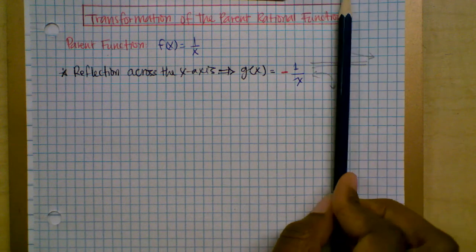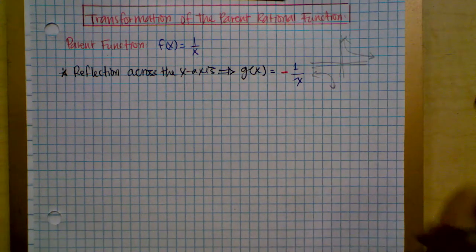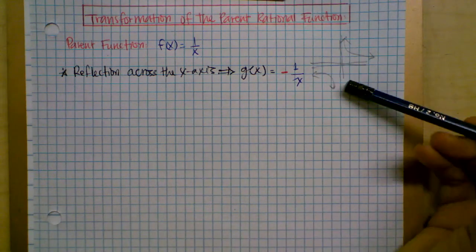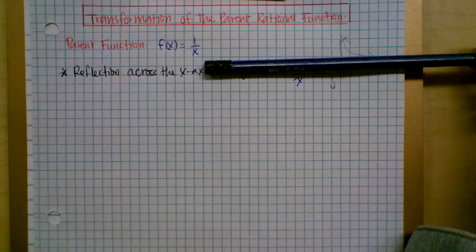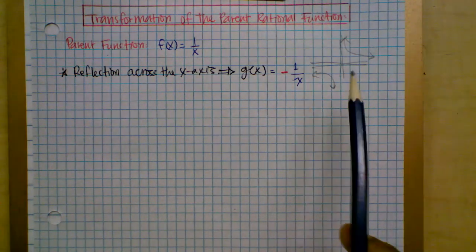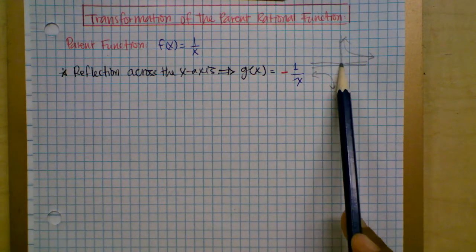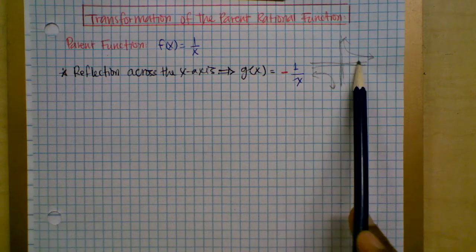The only transformation where you can go from positive y values to negative y values is a reflection across the x-axis. The only time you go from positive y values to negative, below the origin, is when you flip it, when you have a reflection across the x-axis.